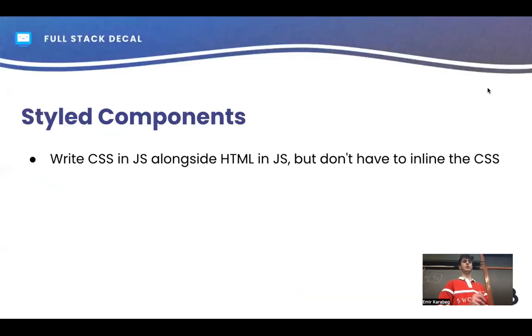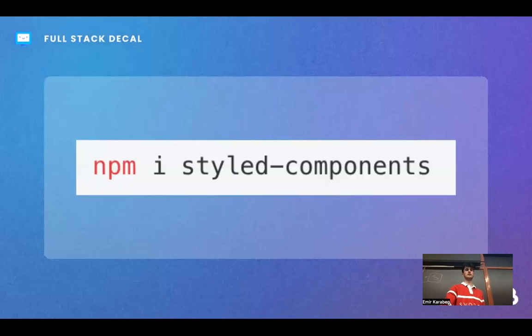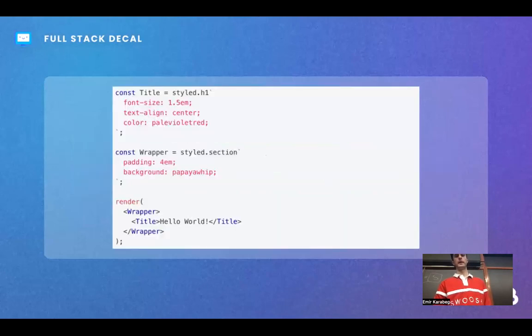So styled components are essentially writing CSS in JS alongside HTML, but you don't have to inline the CSS. We can import this by writing this in our terminal. And this is what it looks like when we're trying to code it. Let's say we want to write some hello world, and we're rendering it onto our page, and we're returning it inside some component.